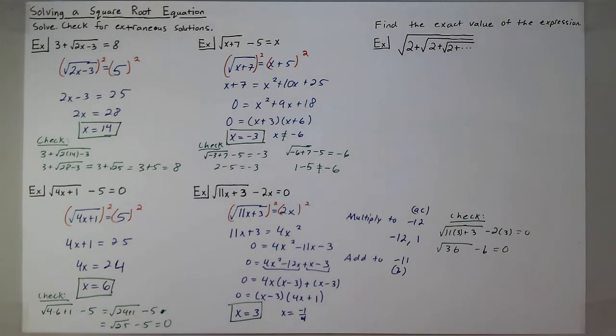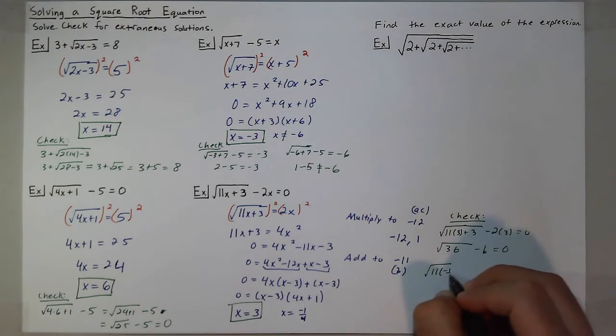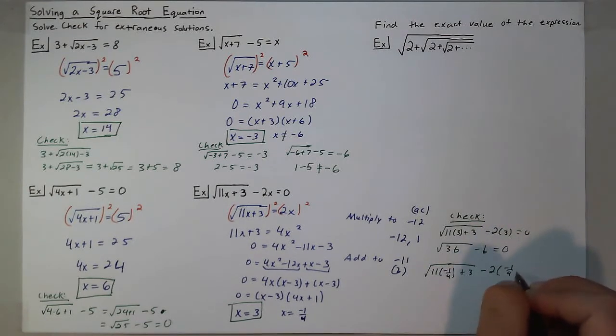Now let's try negative 1/4 as a solution. I'll have the square root of 11 times negative 1/4 plus 3 minus 2 times negative 1/4.